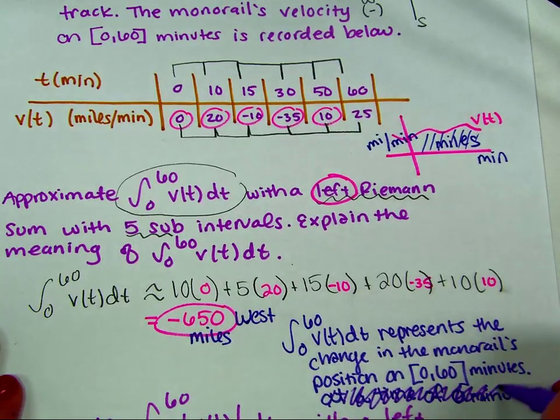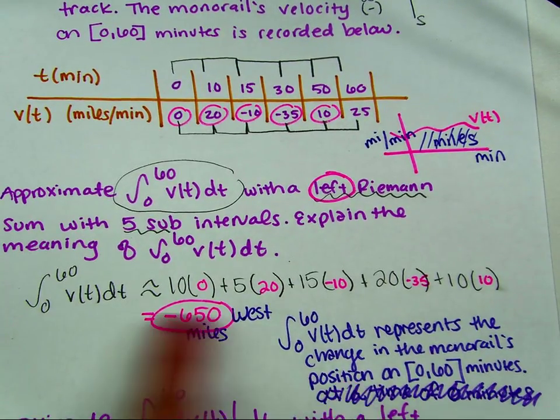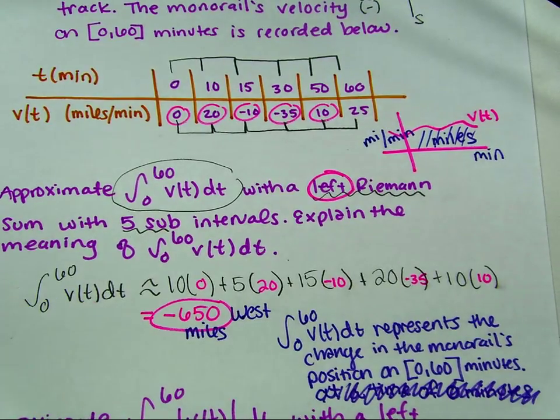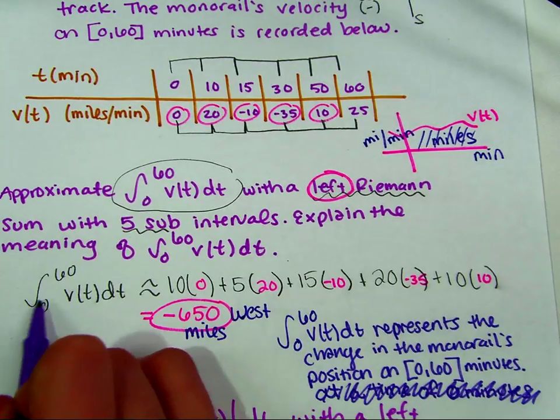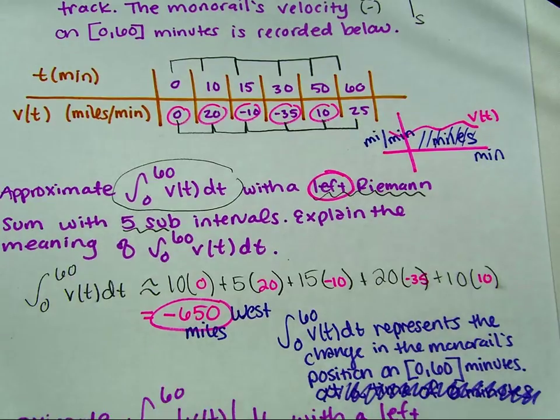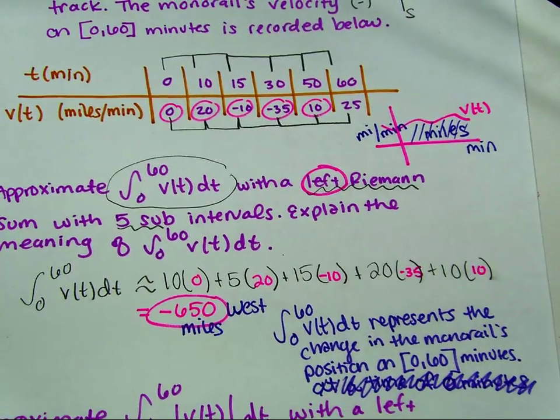I would probably just stick with that. And position, right? We talked about if this is velocity, the antiderivative of velocity is position, so that should make sense why that represents position. But again, it's really just how that position changed. From a time of 0, we didn't know where it was. At the end of those 60 minutes, the train is now 650 miles west of where it started.